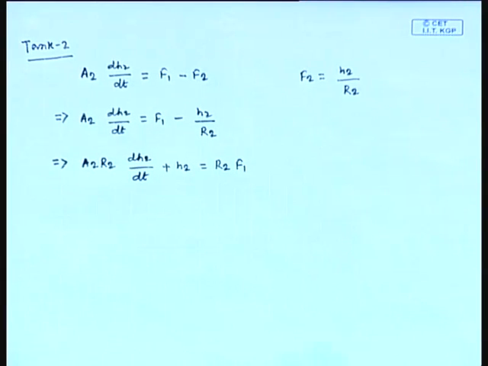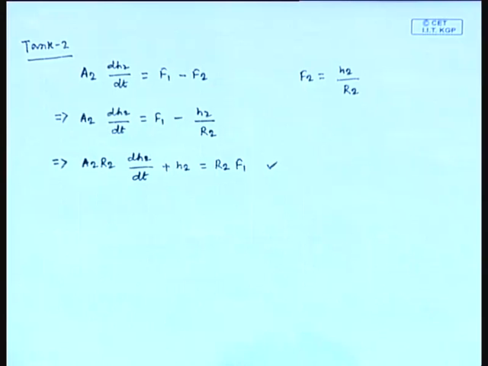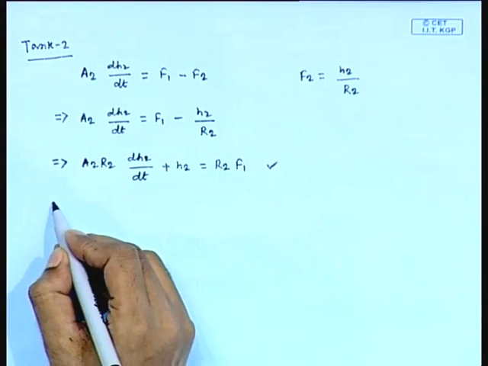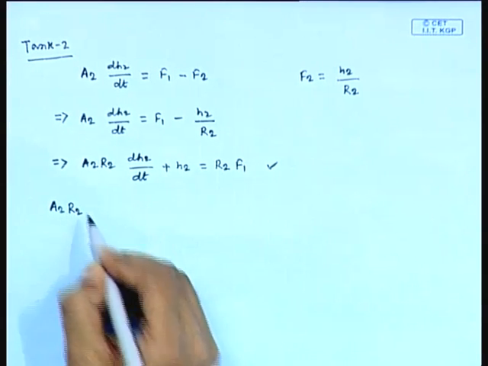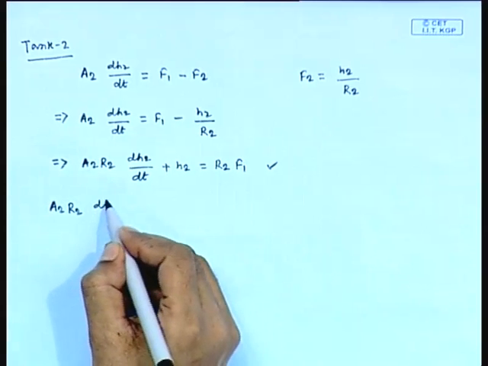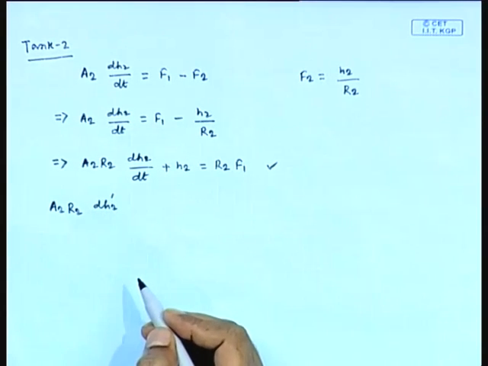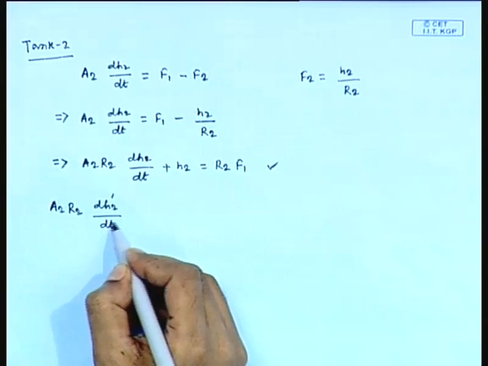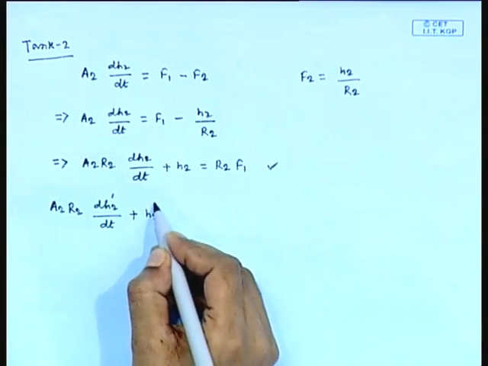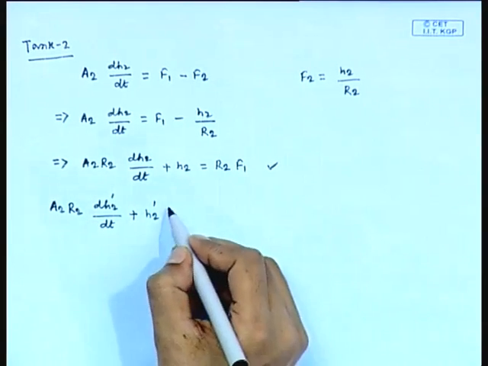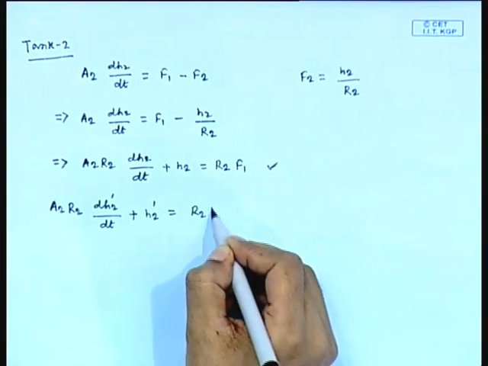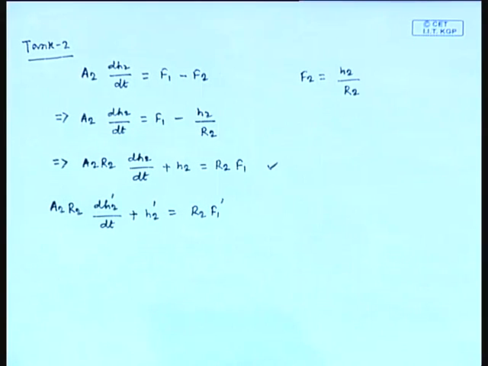Now, similarly we represent this equation in terms of deviation variables. Then we get A2 R2 dH2'/dt plus H2' equals R2 F1'.